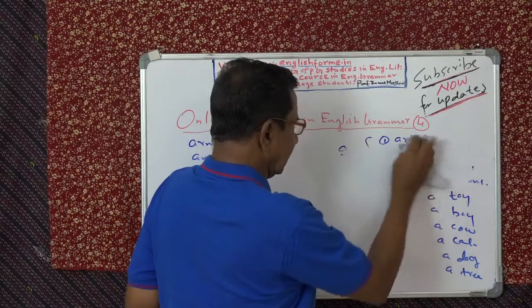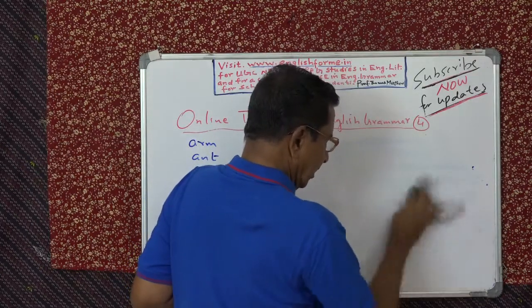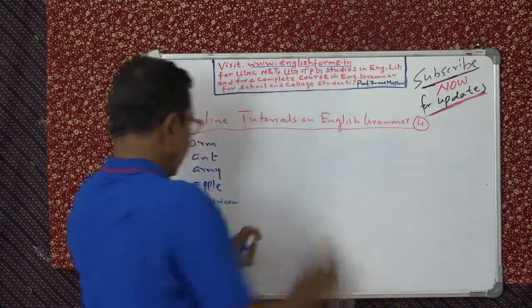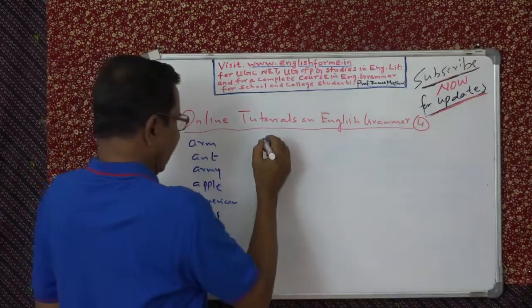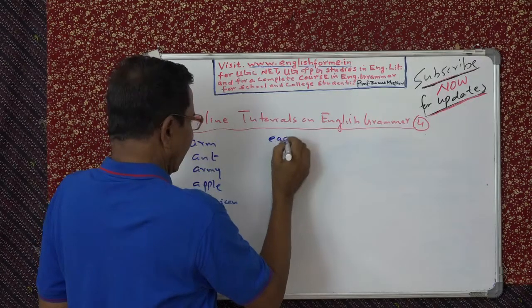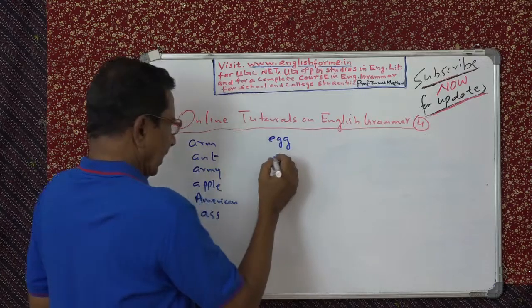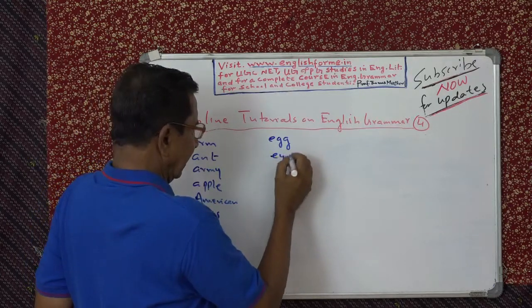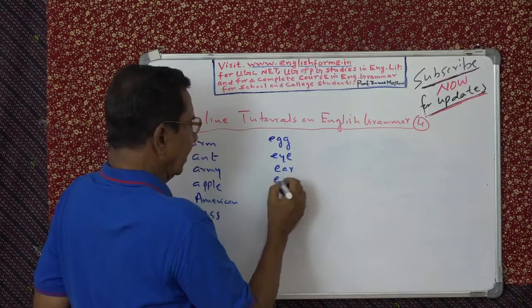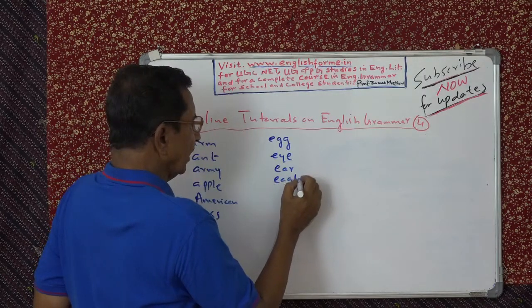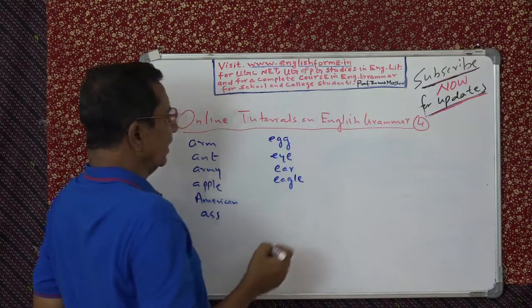You must have seen these nouns now in your book. See, nouns we have like egg. Then you have eye, ear, eagle: egg, eye, ear, eagle.